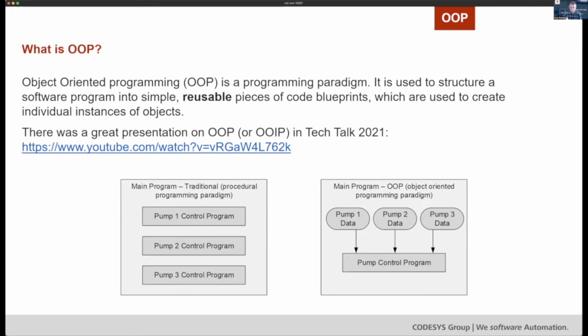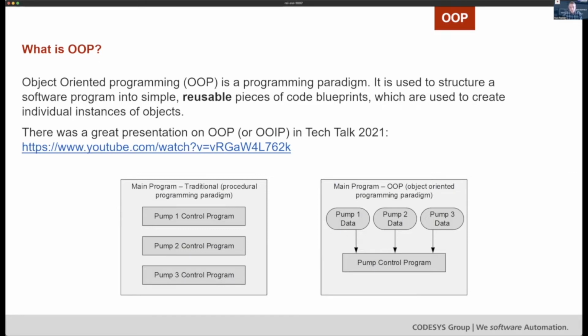And we called each program, we copied and pasted, we renamed things constantly. And the whole idea of object-oriented programming is to create a single program and then call that program multiple times, passing in separate data or setting up separate data for each one of those objects. And that's really what it boils down to for me anyway.